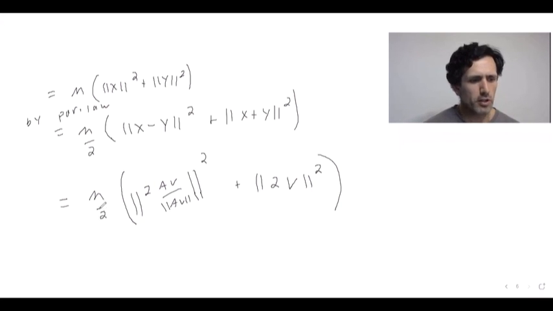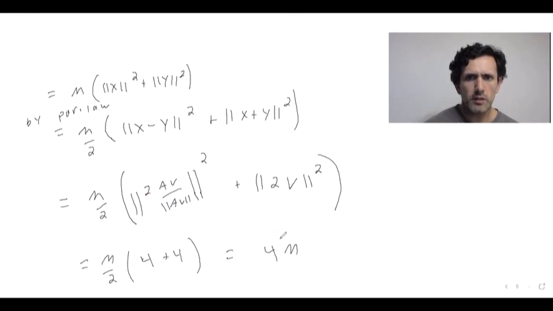So it's M over 2. This is just norm 1, so it's 4. So it's 2 squared. This is also 4. So this is just going to be 8 over 2, which is 4.